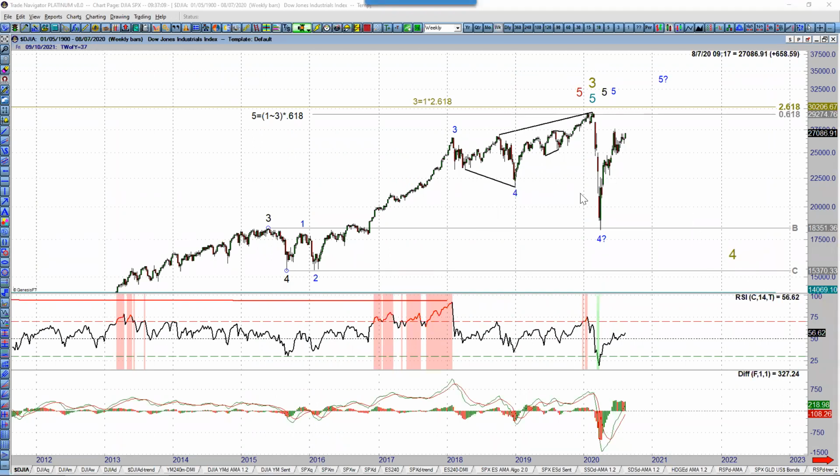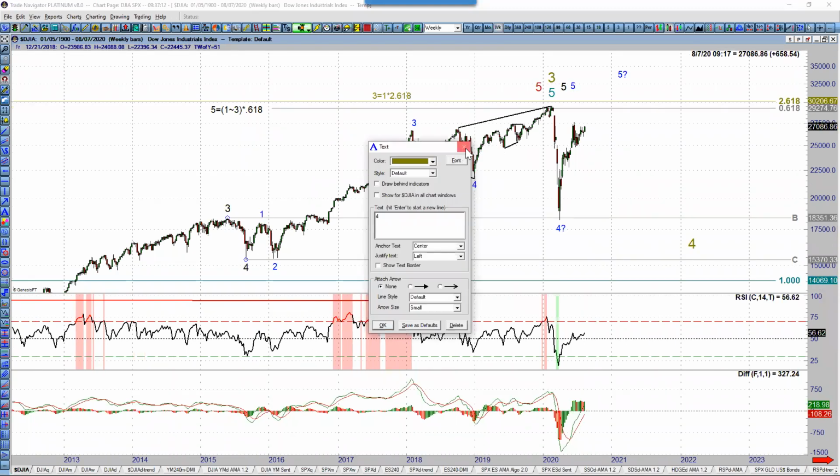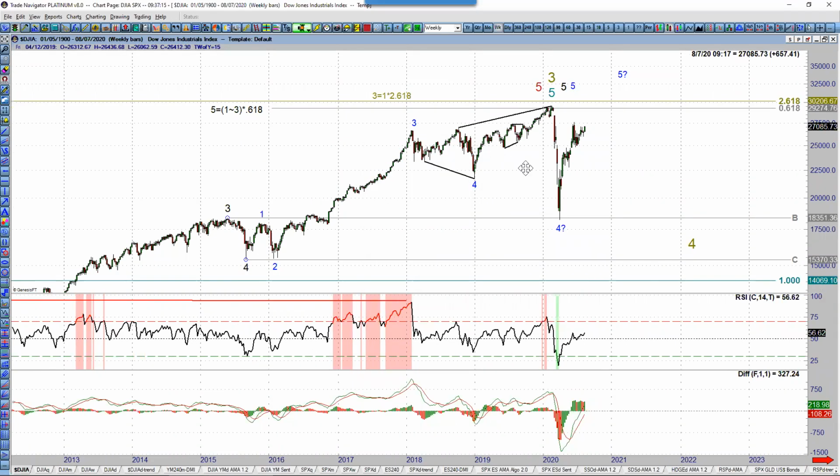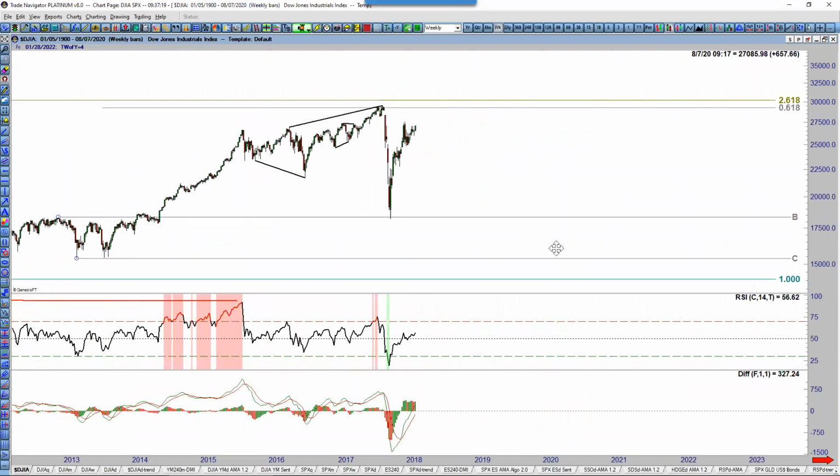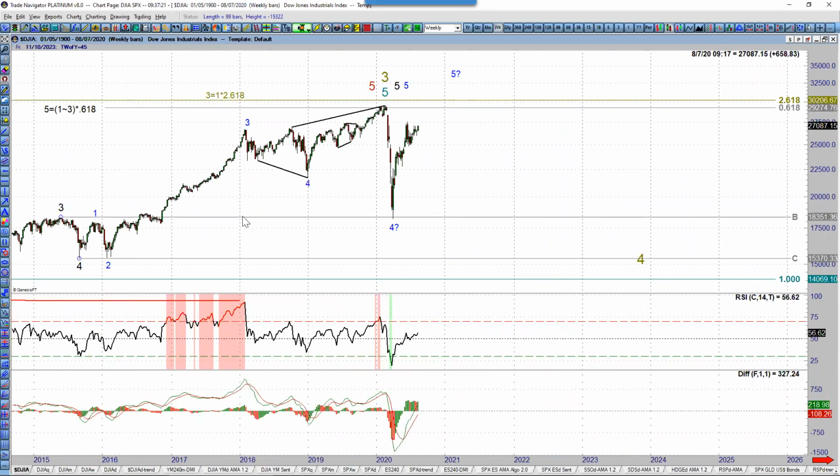I can tell you on my site, I use a technique called Hurst cycle analysis, and it is expecting that we are going to get a correction next. And let's just say it's going to be a wave 4 at super cycle degree. That correction is going to last until the fourth quarter of 2023.